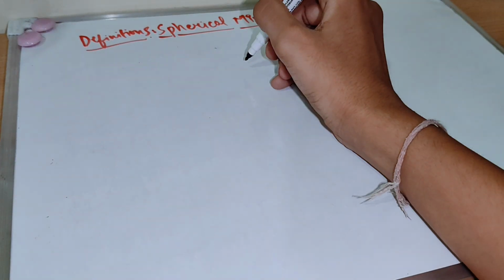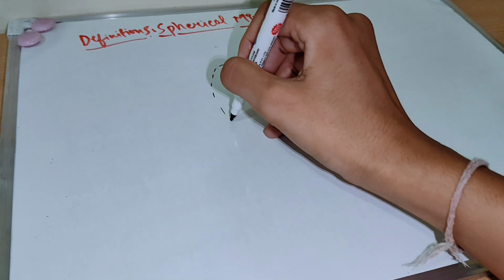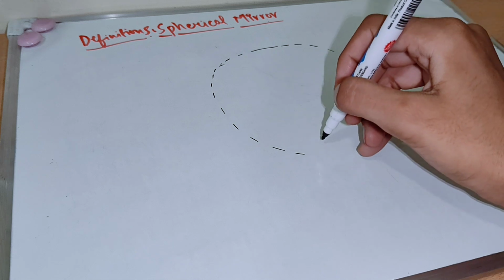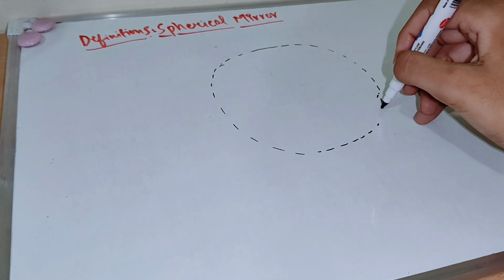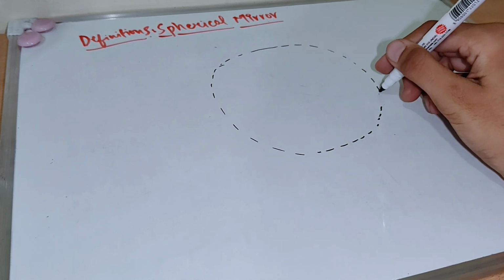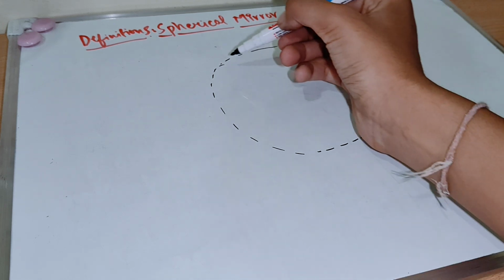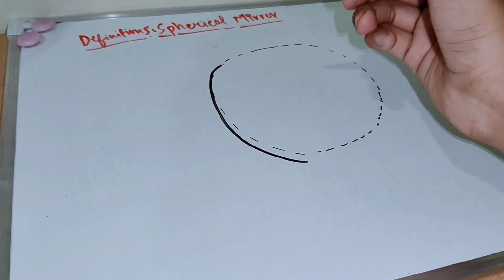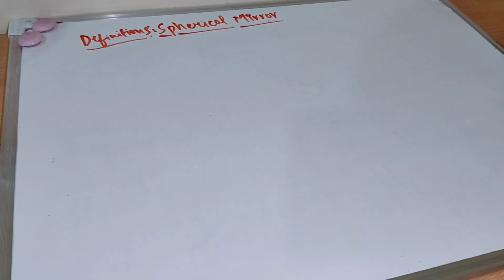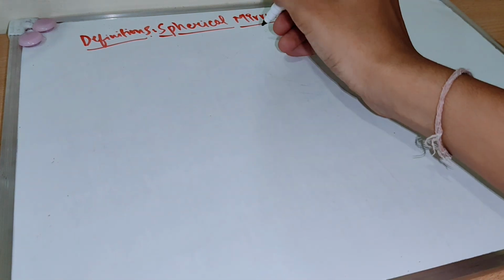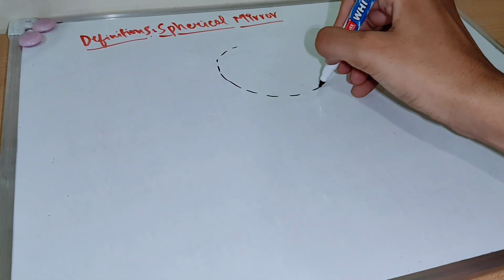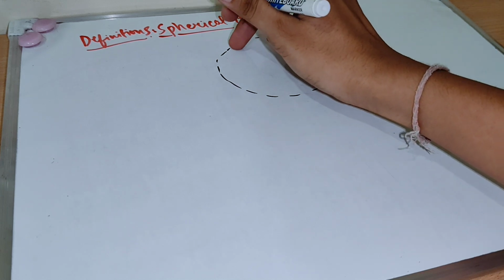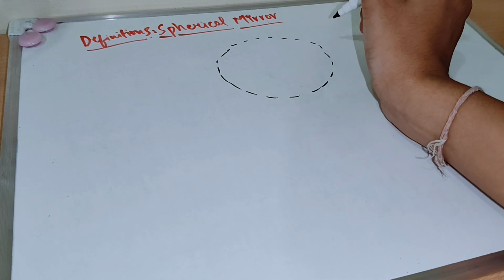Now over here I am drawing the outline of the hollow sphere, the hollow glass sphere that we had begun our spherical mirrors with.